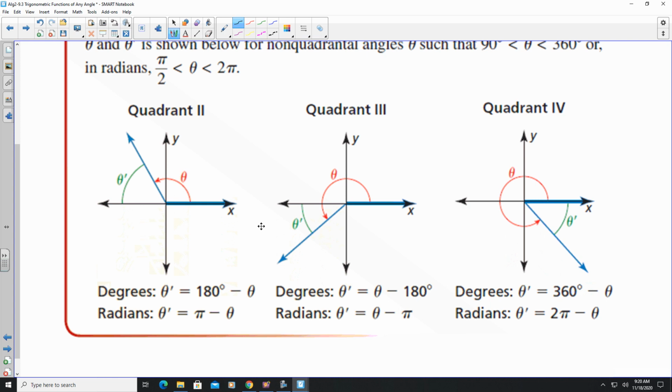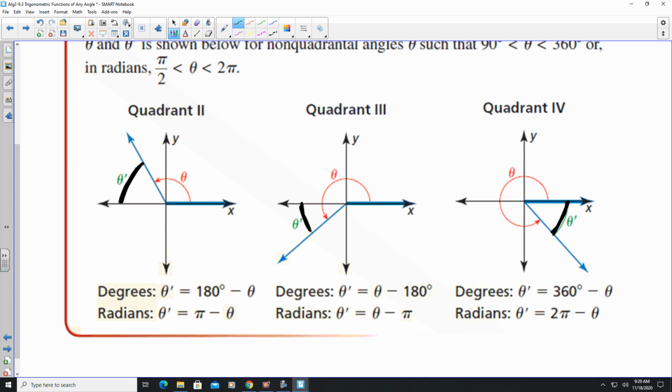So if you look here, if your standard angle is in quadrant 2, your reference angle is going to be located here somewhere. If your standard angle is in quadrant 3, your reference angle is going to be here. And if you're in quadrant 4, your reference angle is going to be here.